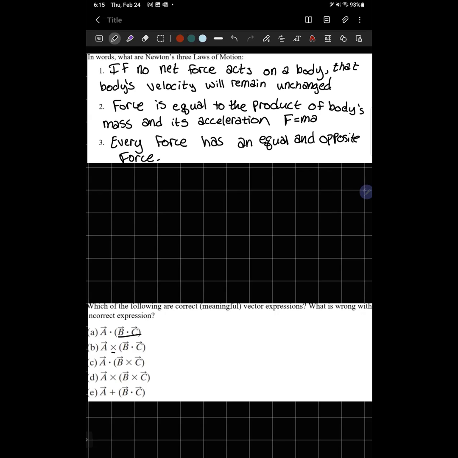Moving down to B, can you take the cross product of a scalar? I don't think so. No. So B would be incorrect for that exact same reason. B and C, whenever you dot them together, it's a scalar and not a vector, and you cannot cross a vector and a scalar.